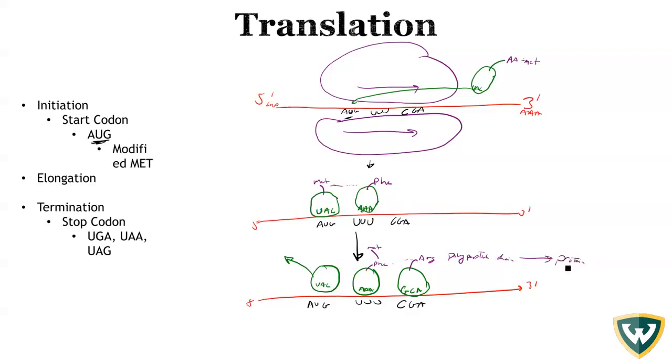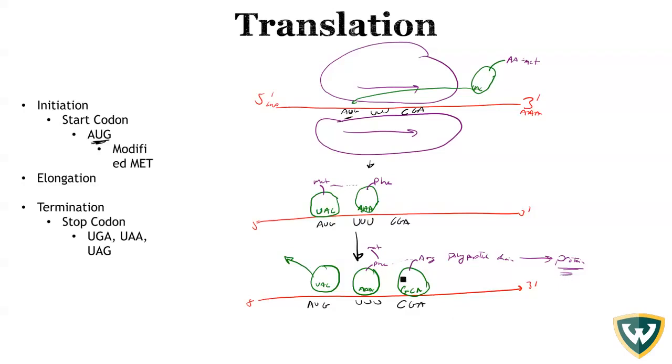And what's the difference between a polypeptide chain and a protein? Proteins have very, very complex secondary, tertiary, quaternary structures that actually make them be an enzyme or a transporter or whatever the protein's function may be.